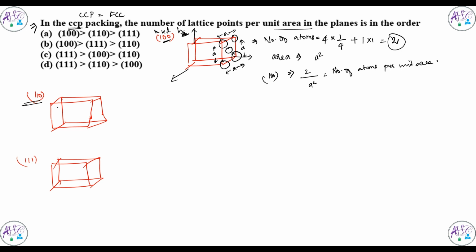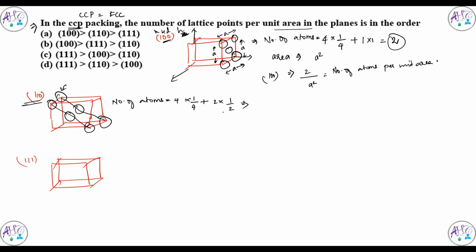Okay. Next comes your 110 plane. So how will atoms be present in the 110 plane? Your plane is going to be present like this. Okay. You see, this is going to be your plane. So again there are going to be atoms present like this. Now look at the corner atoms: there are 4 corner atoms, so sharing is going to be 1 by 4, plus there are 2 face diagonal atoms present at the center. So this is going to be shared in half.